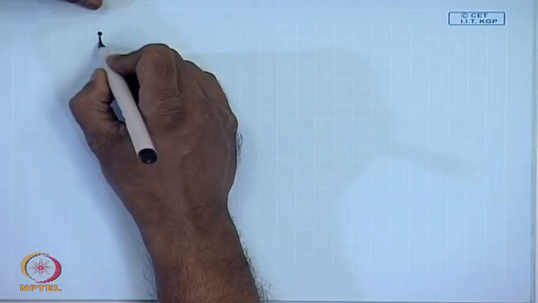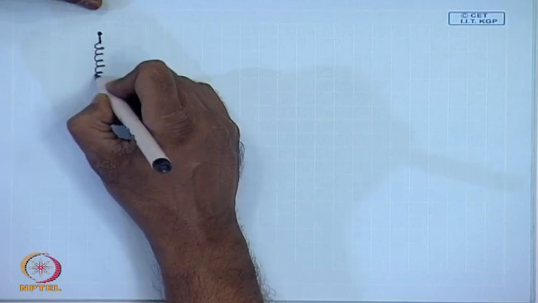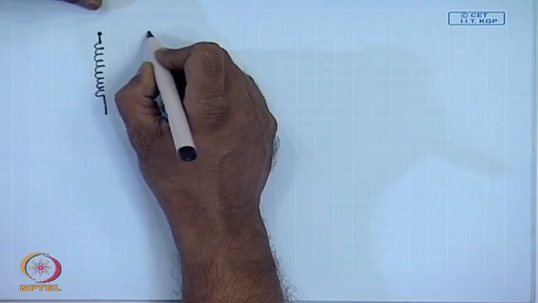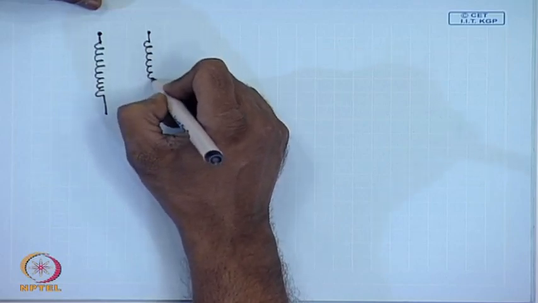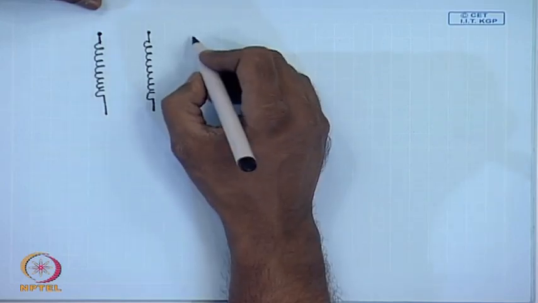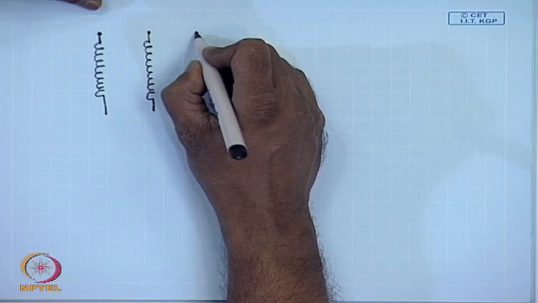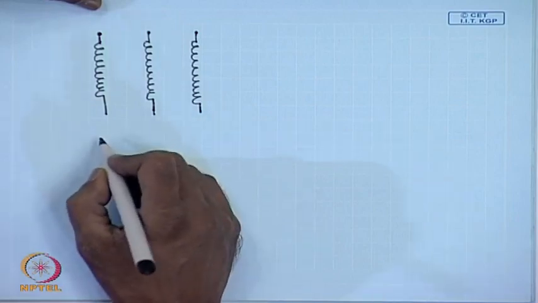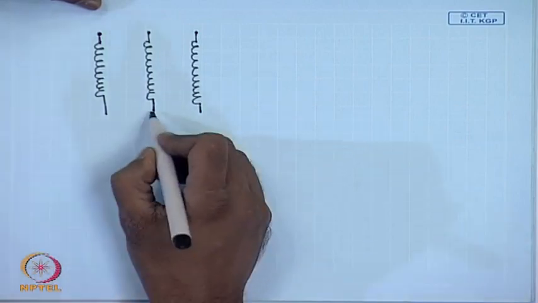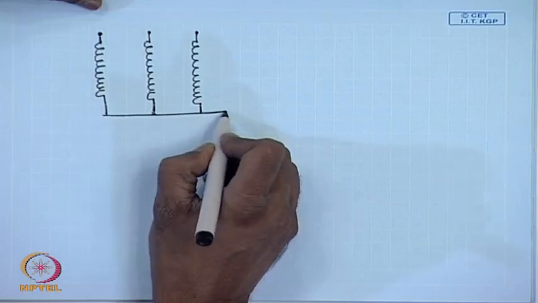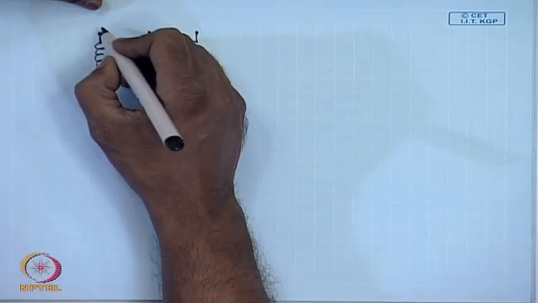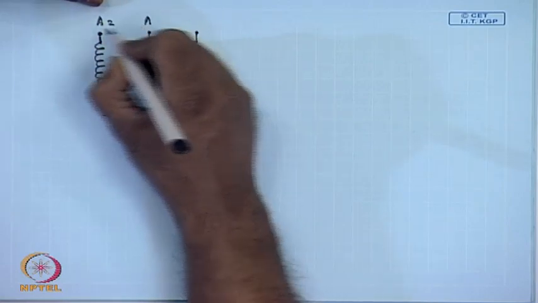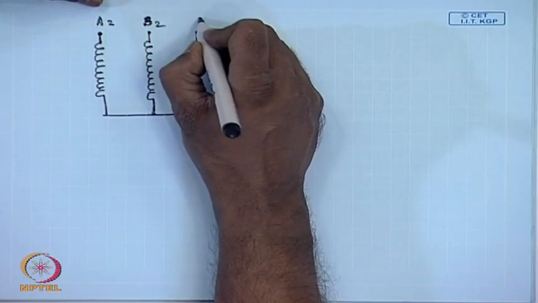For example, let us see a 3-phase auto transformer connection with high voltage side star connected. This is the neutral, where these are the line terminals A2, B2, C2.